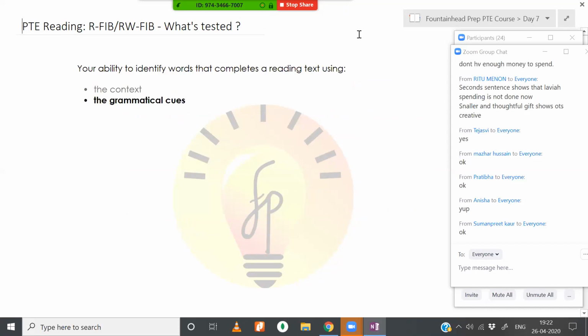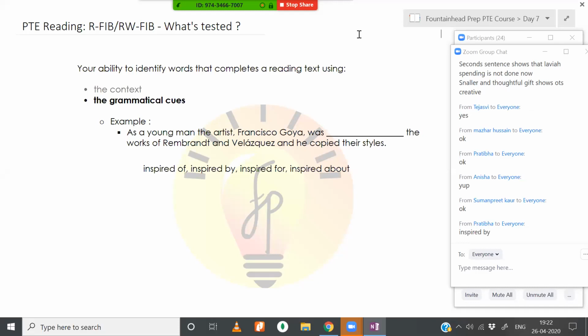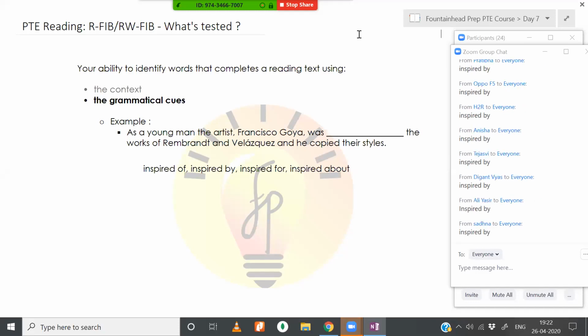Again, the second one is your ability to understand the grammatical cues. For example, what do you think will fit in here? This is a very simple one, right?